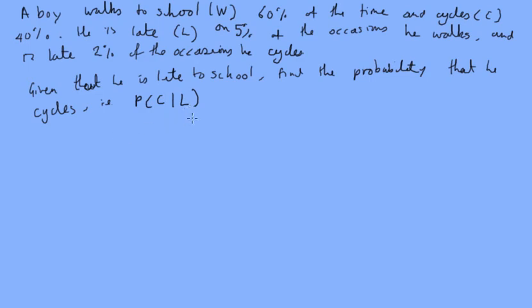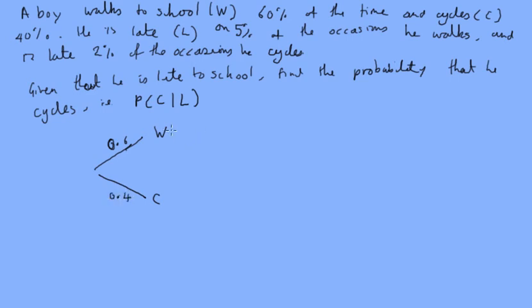So let's put this information into a tree diagram. So we've got our walking and cycling. He walks to school 60%, so it's 0.6, and cycle is 0.4.